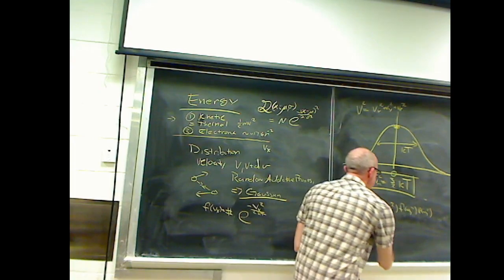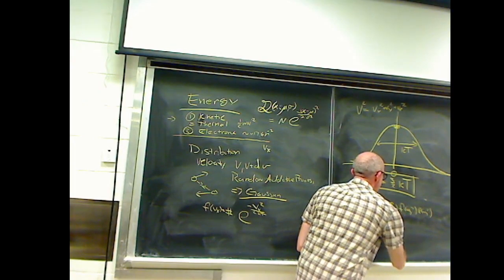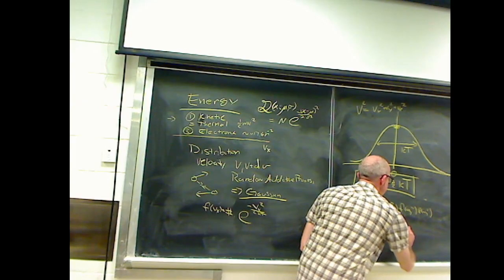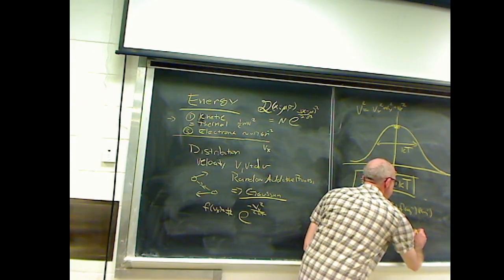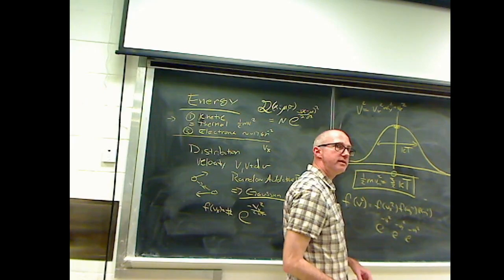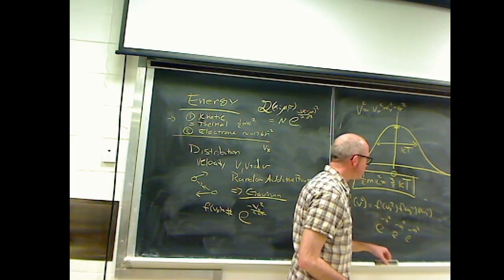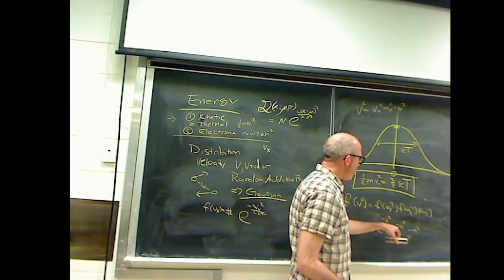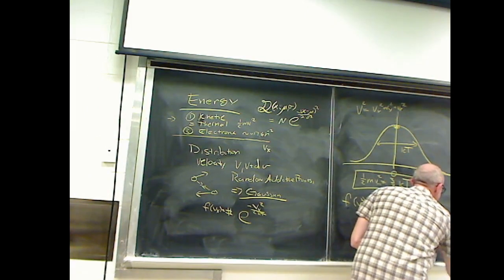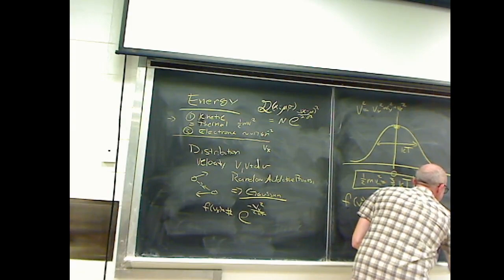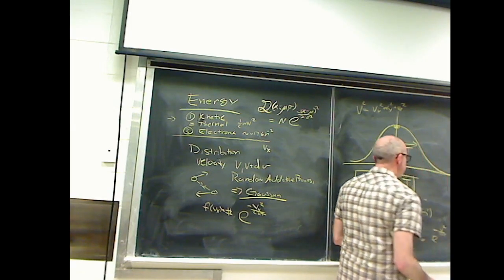So I'm left with e to the minus vx squared times e to the minus vy squared, e to the minus vz squared. I'm just multiplying 3 Gaussians together. When I multiply these powers together, this is just equal to e to the minus v total squared over the same thing, 2kT, the same denominator.